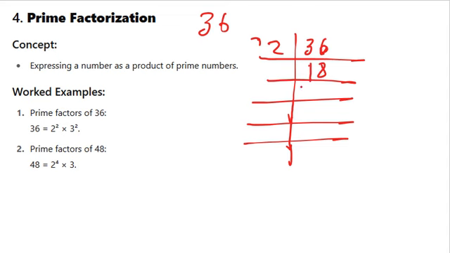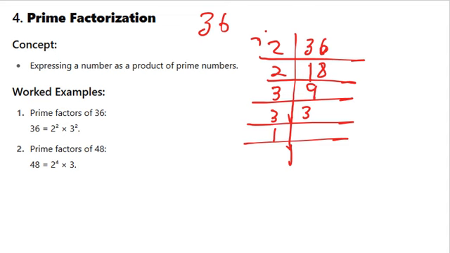Then which other prime number can divide 18? Let's say 2 again. 18 divided by 2 is 9. Which prime number can divide 9? It's 3. 9 divided by 3 gives you 3. Which prime number can divide 3? It's 3 itself. 3 divided by 3 is 1. So whenever you reach 1, you stop.